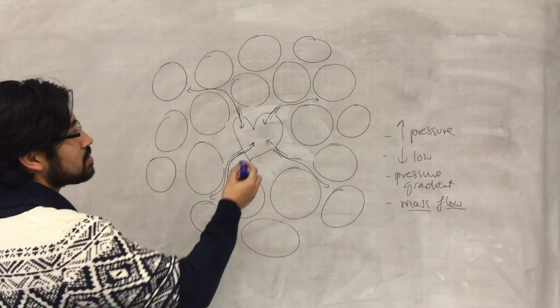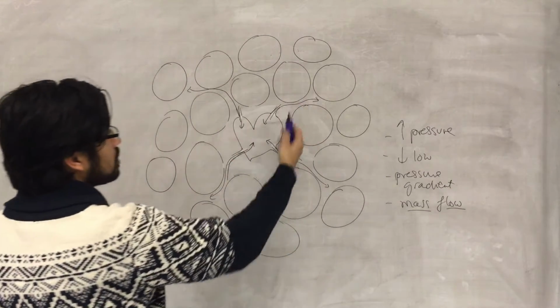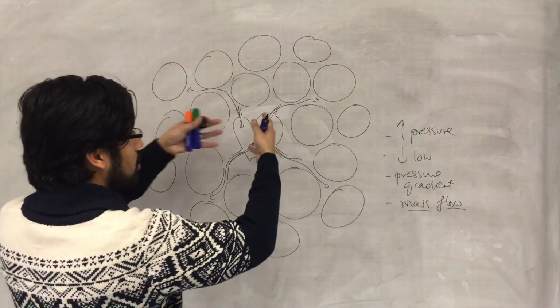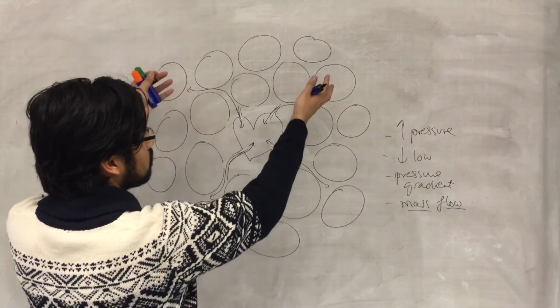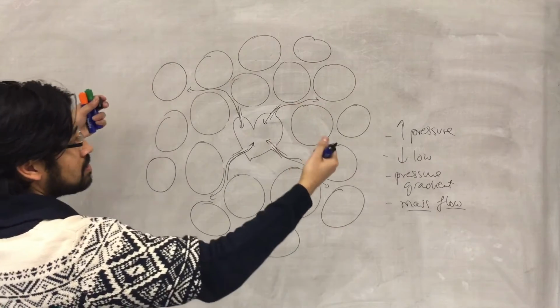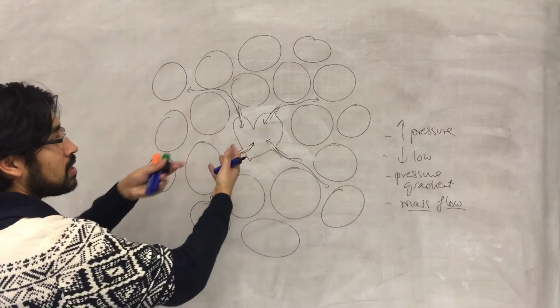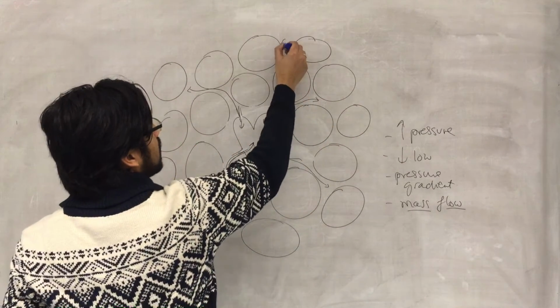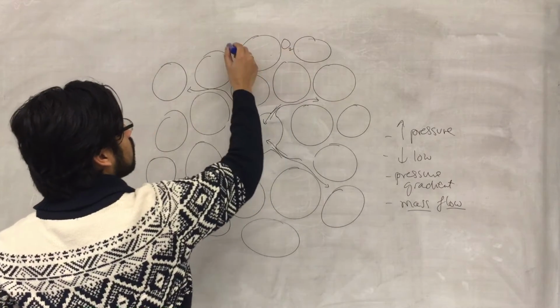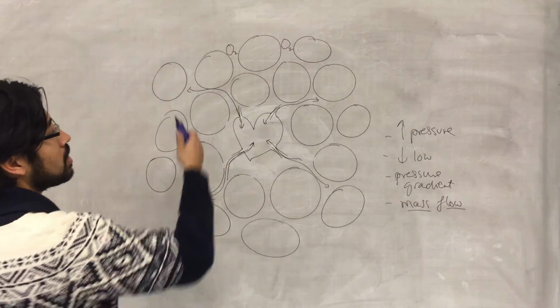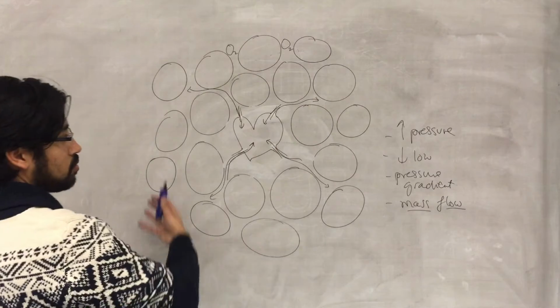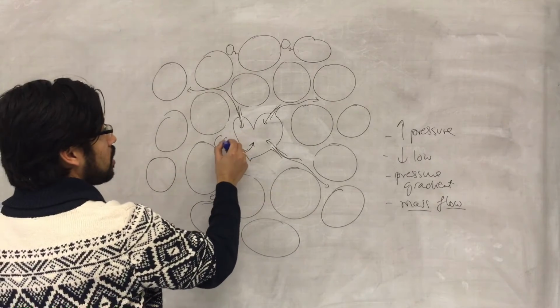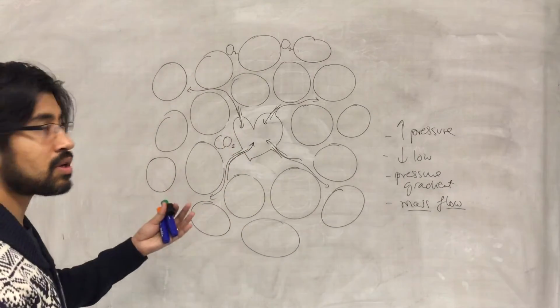So what's happening is that because this fluid is constantly in motion, when the heart contracts, it forces fluid out. When it relaxes, fluid is drawn back in. And so the fluid with the high concentration of oxygen at the edges mixes with the fluid with high concentration of carbon dioxide.